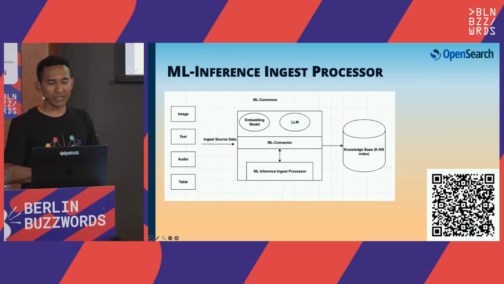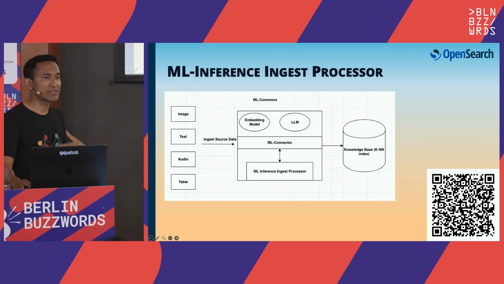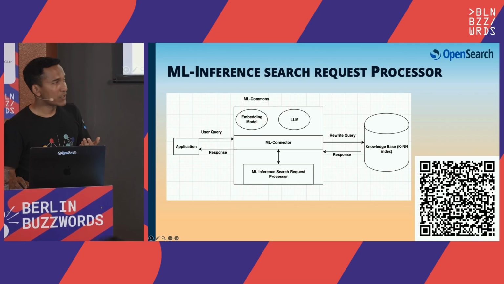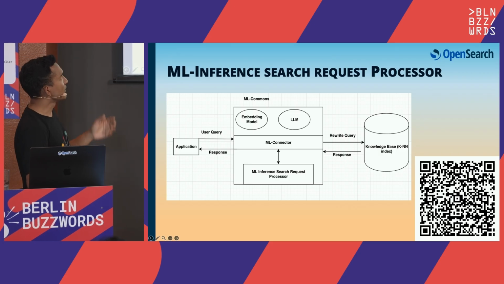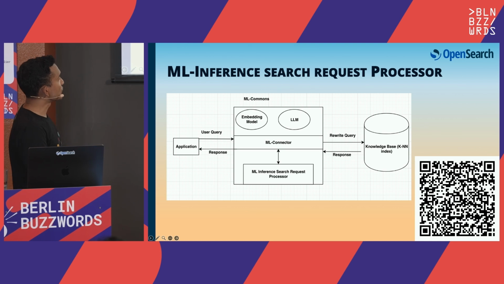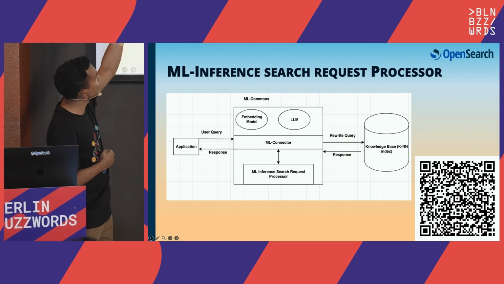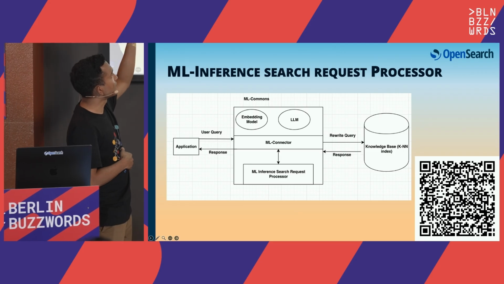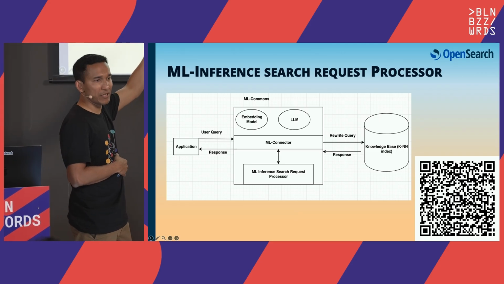So now we have ingested the data. What happens in the search? Similarly, when any application is going to search data, the user makes a query, and the query goes to a similar ML connector.